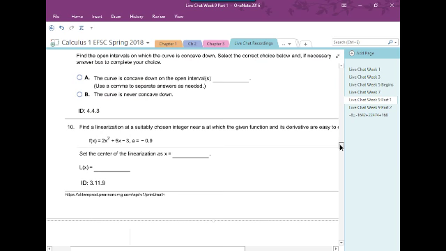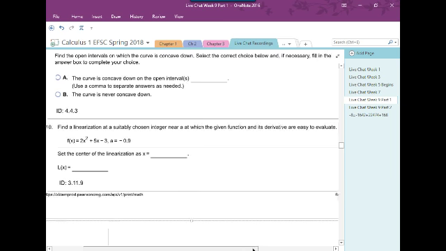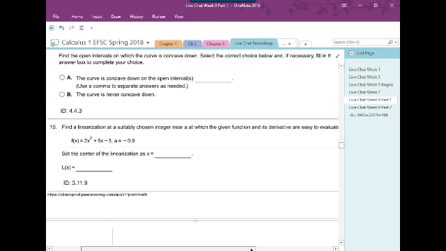Okay, so here's number 10. It says find a linearization at a suitably chosen integer near a, at which the given function and its derivative are easy to evaluate. And the function is f of x equals 2x squared plus 5x minus 3.